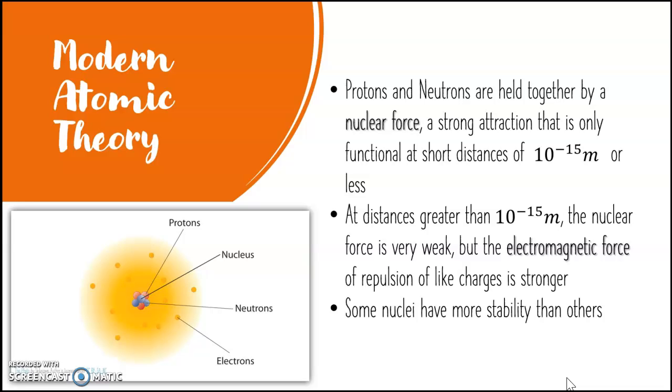At greater distances than 10 to the negative 15th meters, the nuclear force is very weak, but the electromagnetic force of repulsion of like charges, positive, negative, electron, proton, is stronger. Like charged protons experience a repulsive electromagnetic force when they are too far apart, but when they are close enough together, they are attracted to each other through the nuclear force. Again, depending on the isotope, some nuclei have more stability than others.